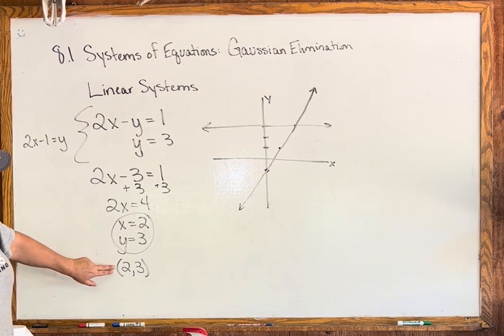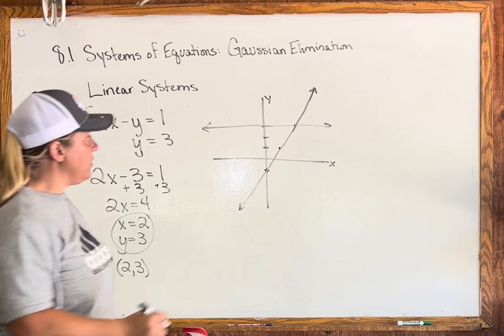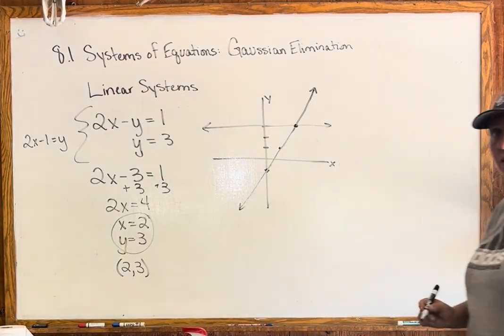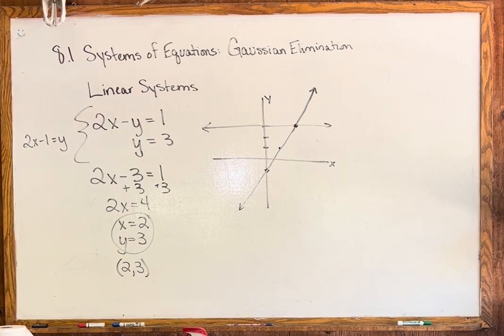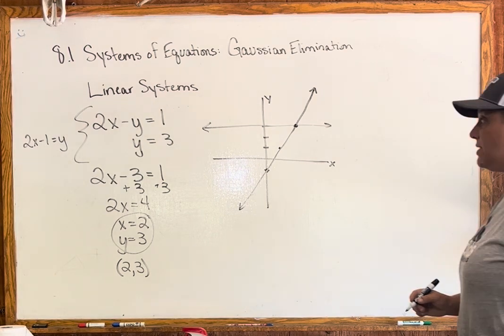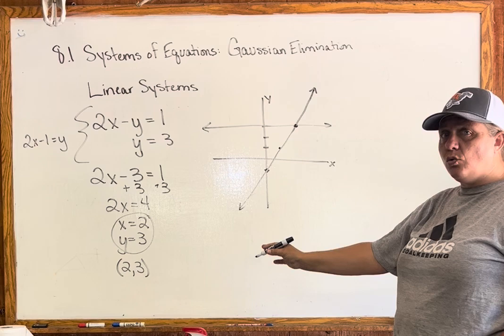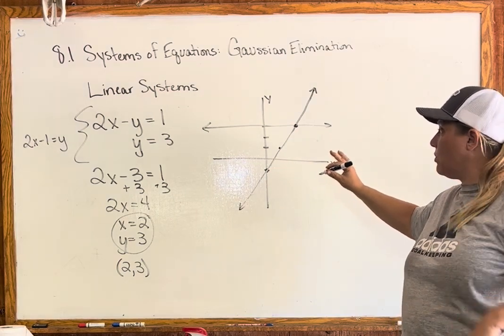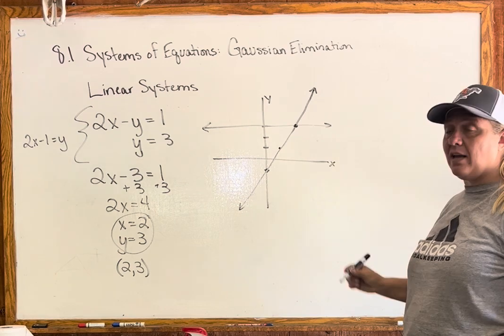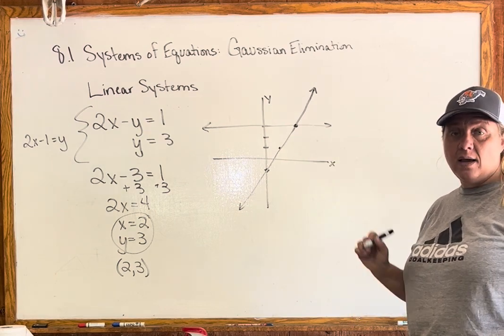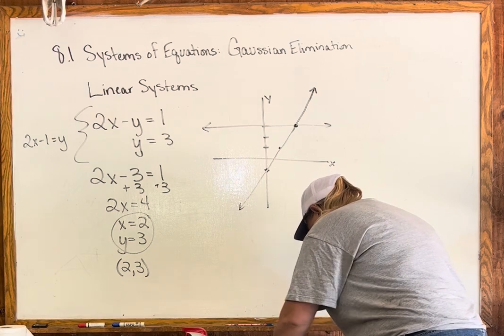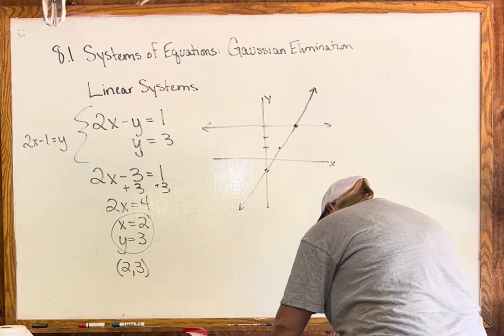And what we've found is that at the point (2, 3), they intersect each other. So when we look at linear systems of equations, we're going to do it algebraically, but we can get a graphical idea of what's going on by thinking about where these two lines intersect each other.